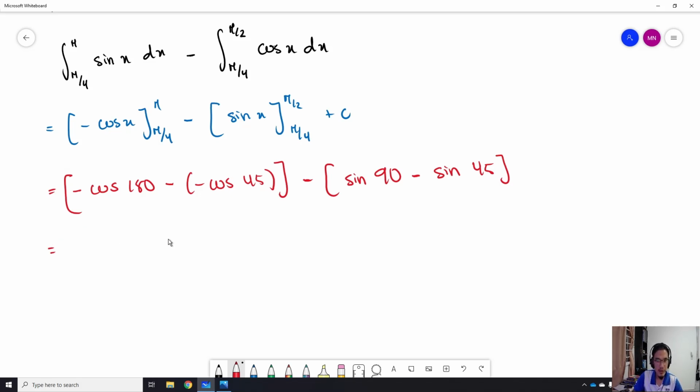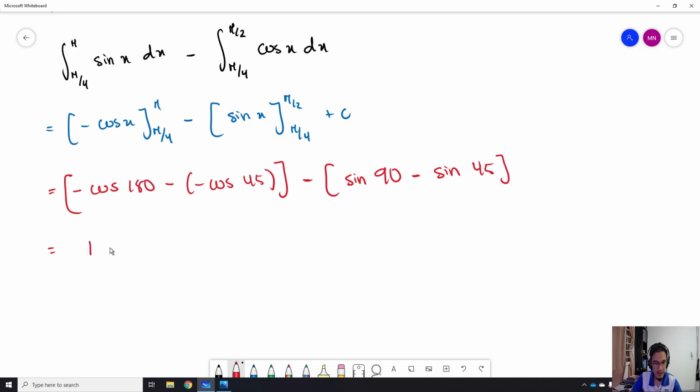So then you can use your calculator to find the value, or you can use the triangle that you learn during the trigonometric function, to find the value of cosine angle 45 and sine angle 45.